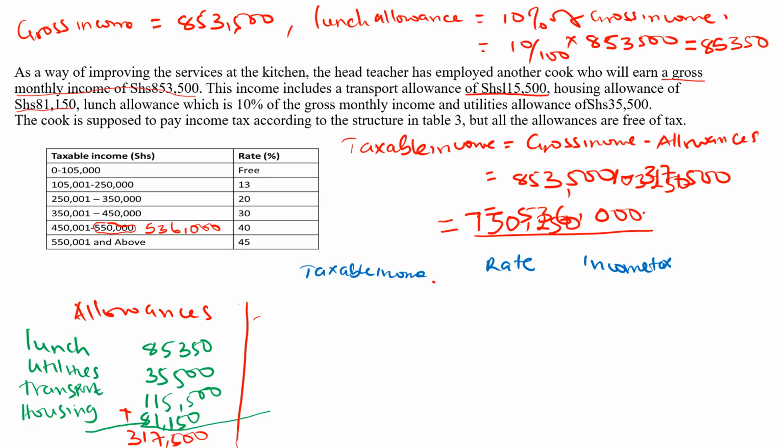Number 1, from 0 to 105,000, it is free. Free means they don't tax that amount. So the first taxable income is 105,000. The rate is 0. And remember here the rate is in percentage. So 0 out of 100 times this, we shall remain with 0.